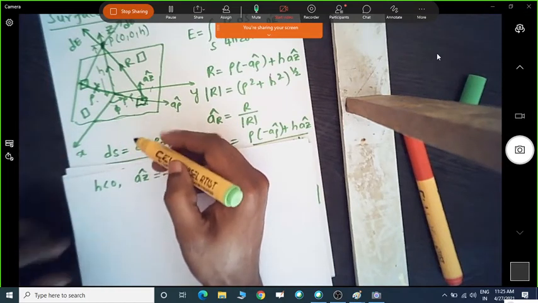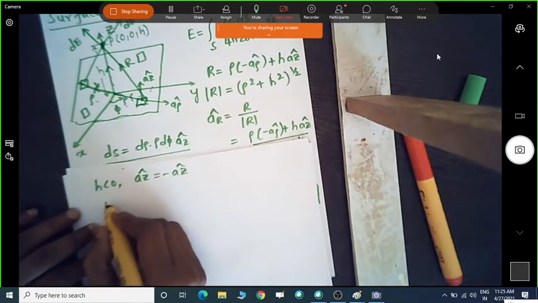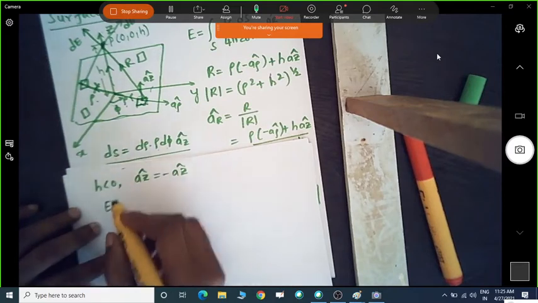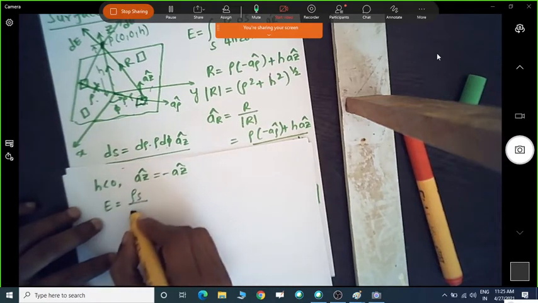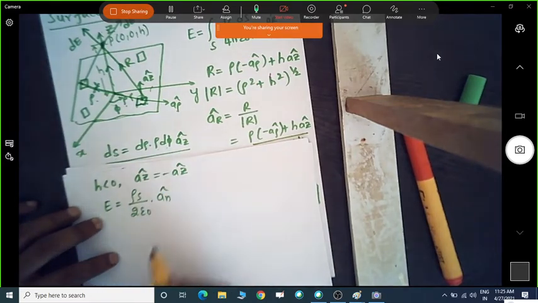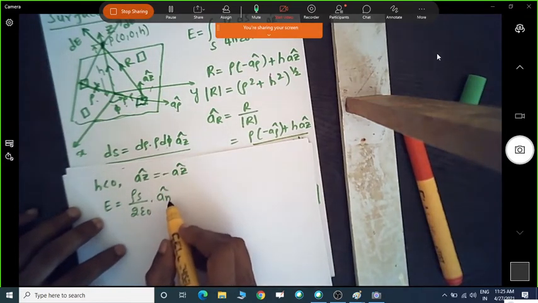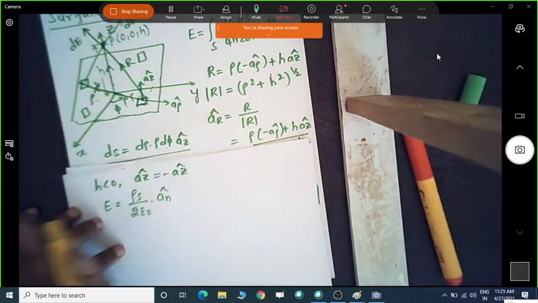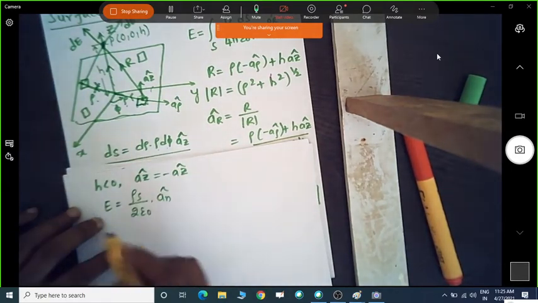So generally we can write the electric field due to infinite sheet of charge as rho s by 2 epsilon naught into an cap. This an is the normal unit vector with respect to the sheet plane.